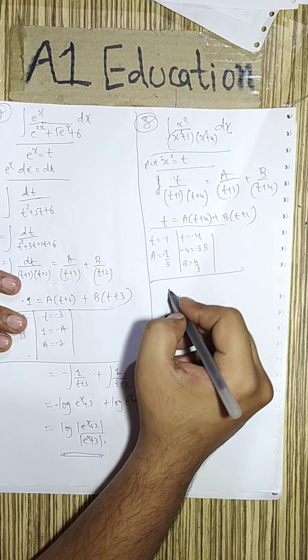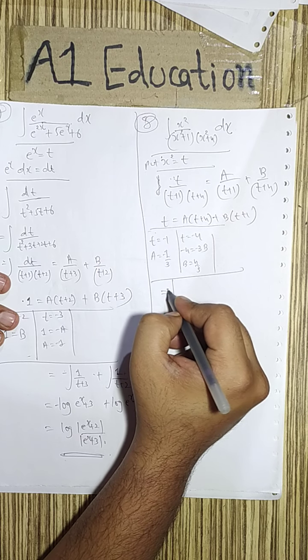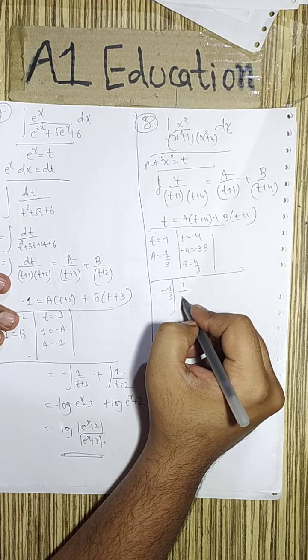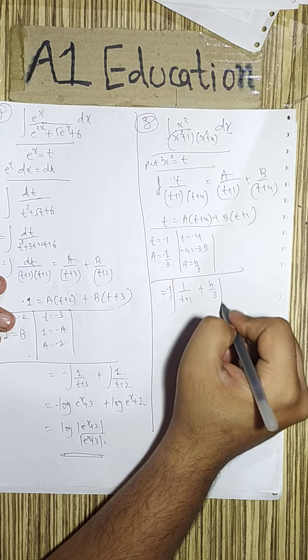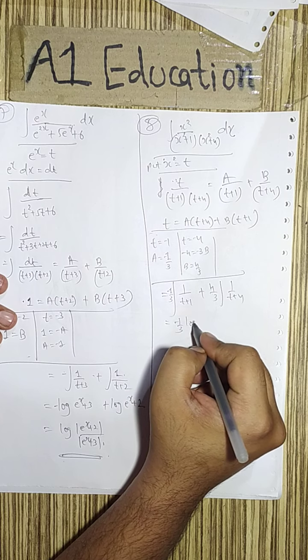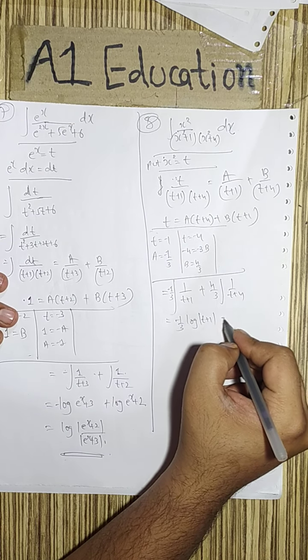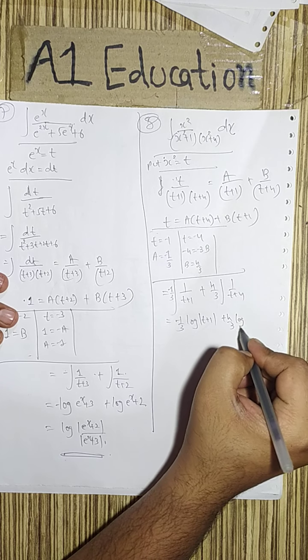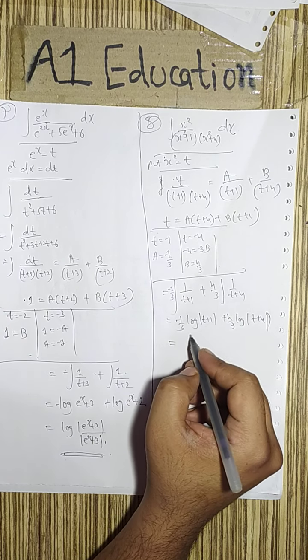Let's use, so that integration will become, in place of a it is minus 1 by 3 times 1 upon t plus 1 plus b, 4 by 3 times 1 upon t plus 4, which gives minus 1 by 3 log of t plus 1 plus 4 by 3 log of t plus 4. Let us write them.